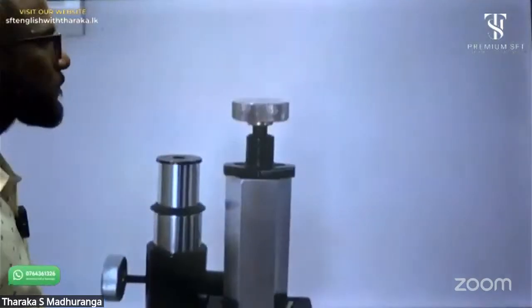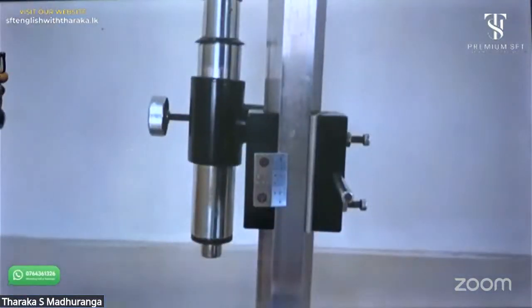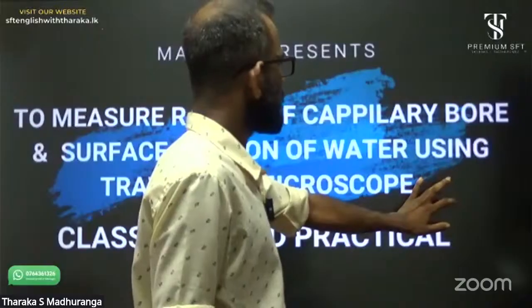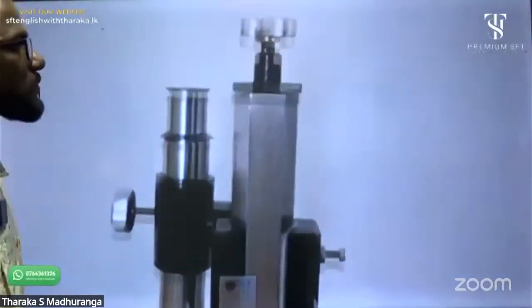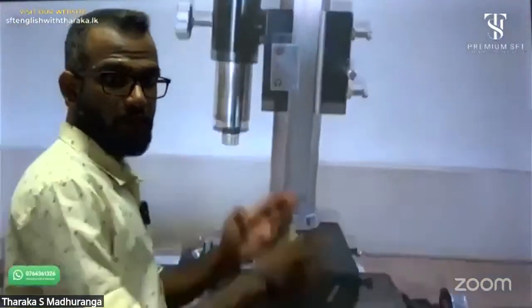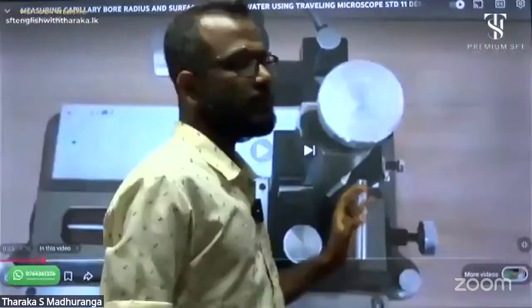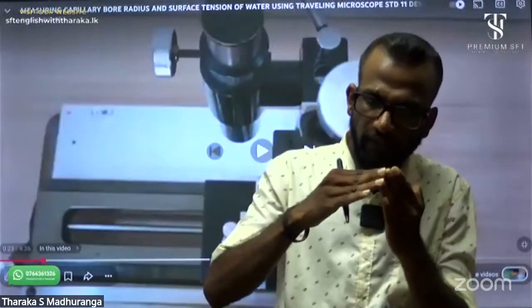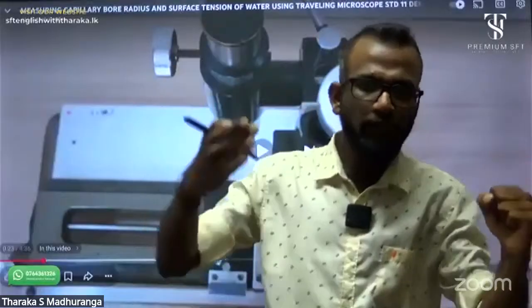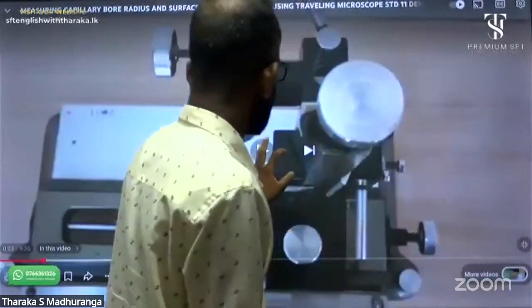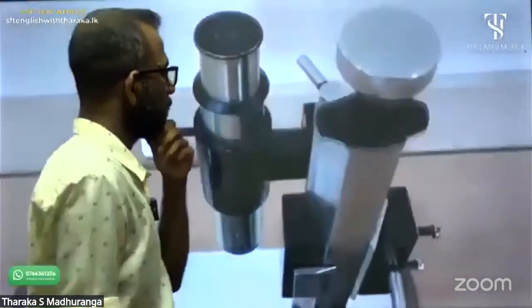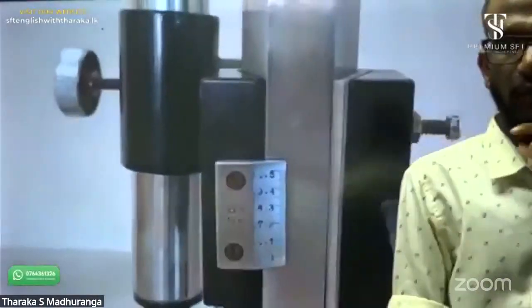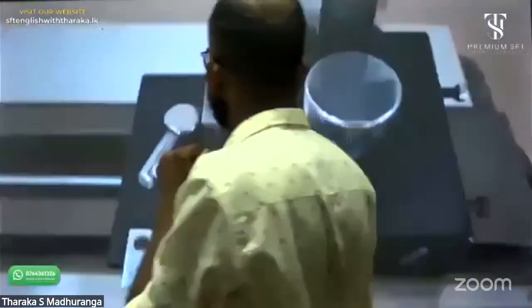This instrument is a traveling microscope and it operates along X and Y axis. Two vernier scales are attached. X axis means horizontal axis, Y means vertical axis. Vertically and horizontally, right?